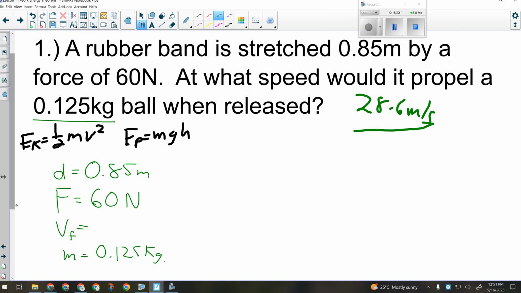If I pull the rubber band back and I put a ball in it, when I let it go, what kind of energy is going to change? What kind of energy has to do with speed? We just talked about it. Speed has to do with, starts with K, kinetic energy.